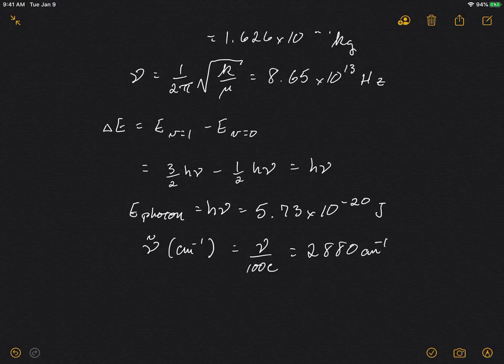And again, I said that the infrared spectrum ranges from about 500 wave numbers to several thousand wave numbers. I think I said previously 3 or 4. I think it's more like 4 or 5,000 wave numbers. And so this is what we expect.